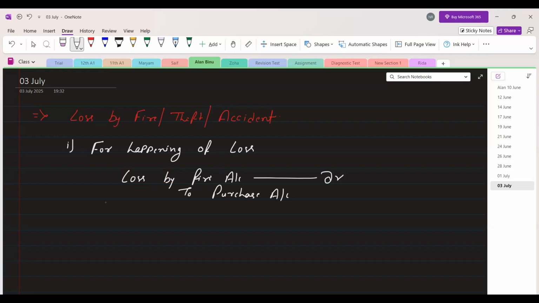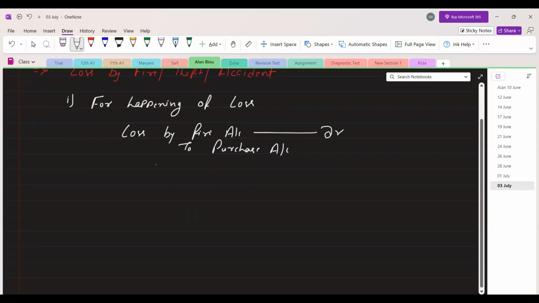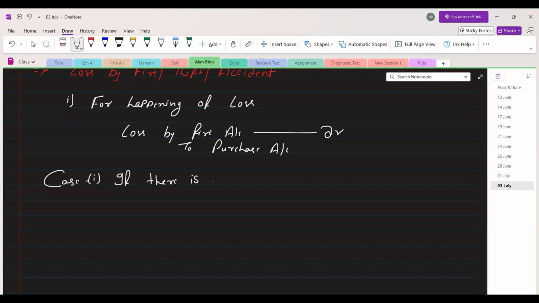Now there are two situations when there is some loss. One, if you have taken the insurance. The second, if you have not taken the insurance. So case number one, if there is no insurance. So if there is no insurance, then the whole amount of loss is actual loss.